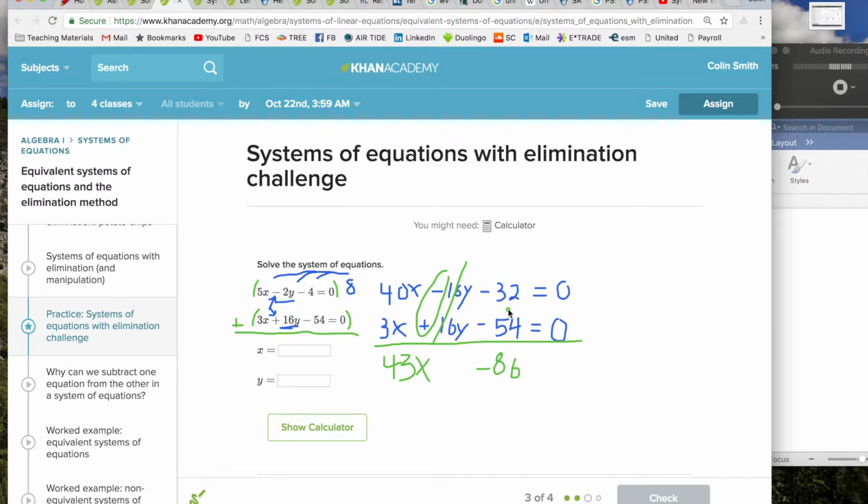We're adding them together, so it's going to be a bigger negative number. And then we know that equals 0. Well, we add this 86 to both sides, and that will give us what we're pretty much looking for, which is x being by itself. We know that 43x equals 86.